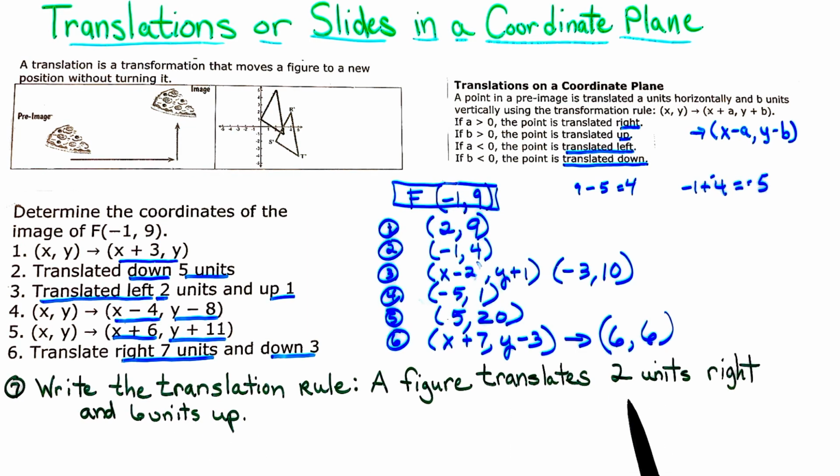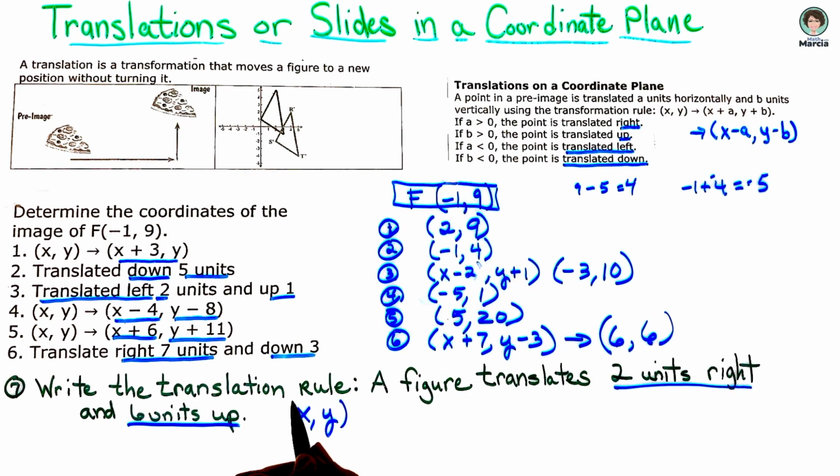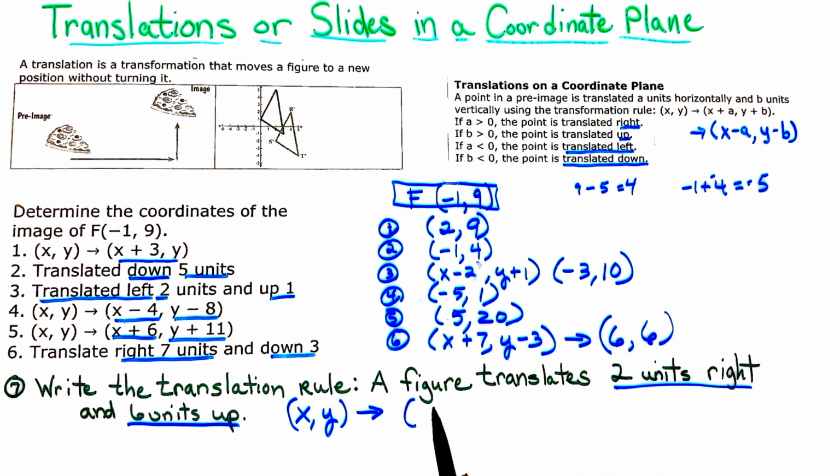To the right, we know are our positive numbers, and up is also positive. So our rule, where x and y is our beginning point, x is going to go 2 to the right, so it's x plus 2, and y is going to go 6 units up, so it is y plus 6.